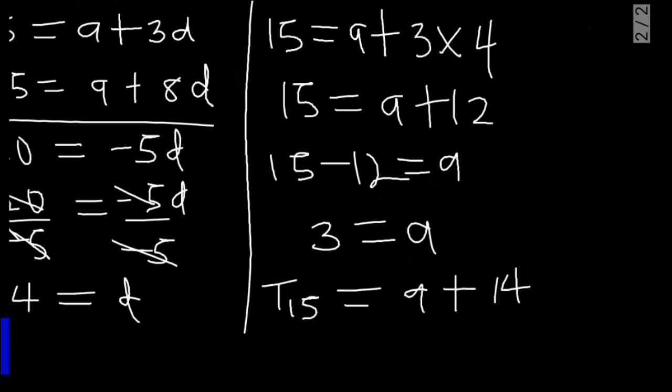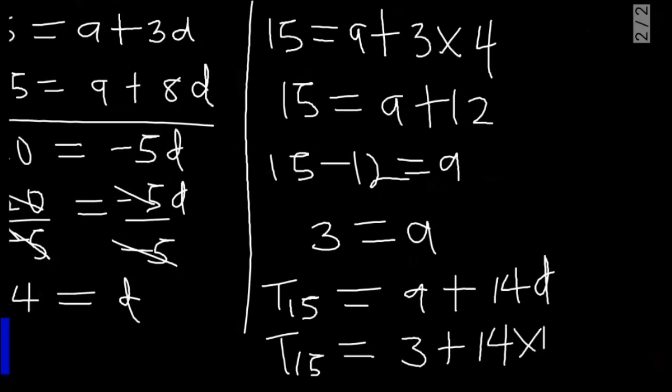So our 15th term would be 3 plus 14 multiplied by 4. 14 multiplied by 4 is 56, and 56 plus 3 is 59. So we have our 15th term as 59. This is the solution to the question.